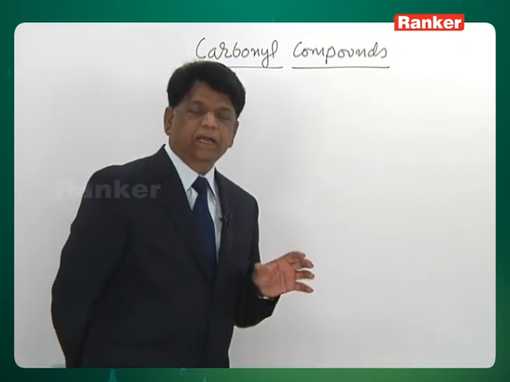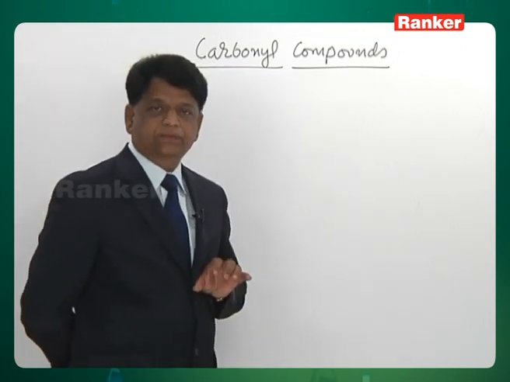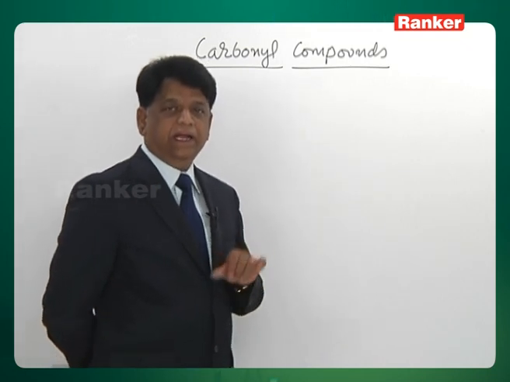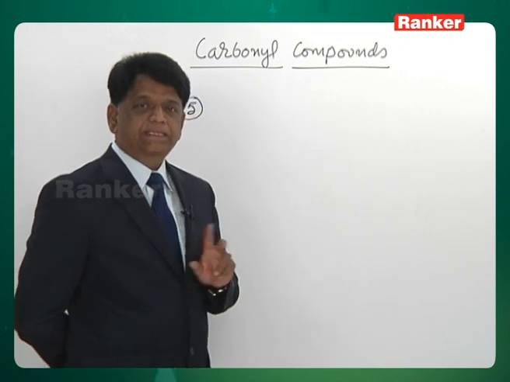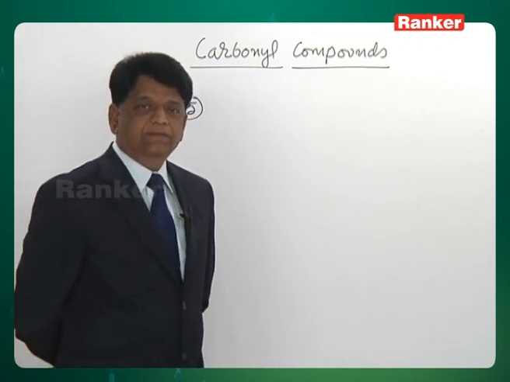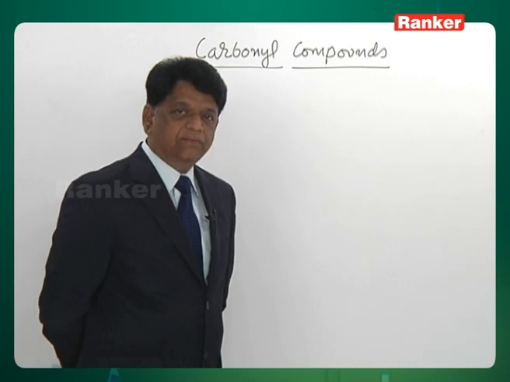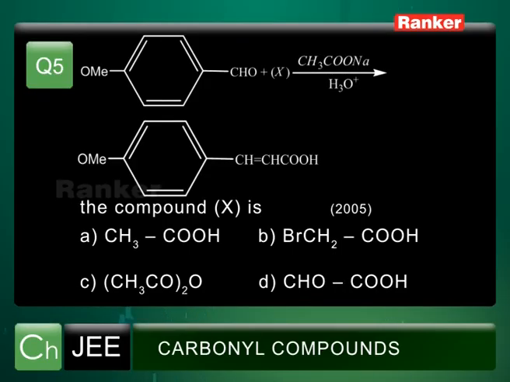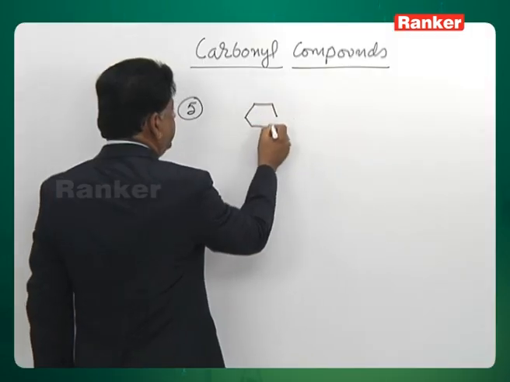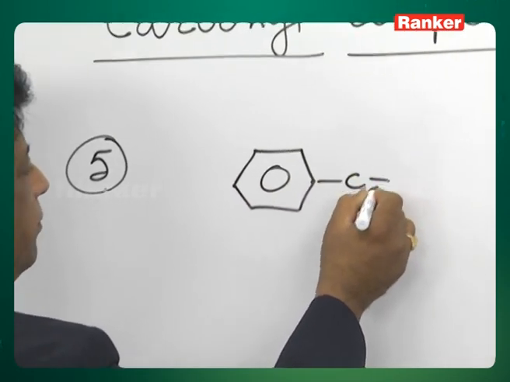The requirements are aromatic aldehydes condensing with aliphatic acid anhydrides containing 2 alpha hydrogens, in presence of the sodium salt of the same acid, which is the catalyst working here. So acetic acid is not the answer, bromoacetic acid is not the answer. Acetic anhydride is the right answer. The reaction is here, actually benzaldehyde reacting with the aldehyde.